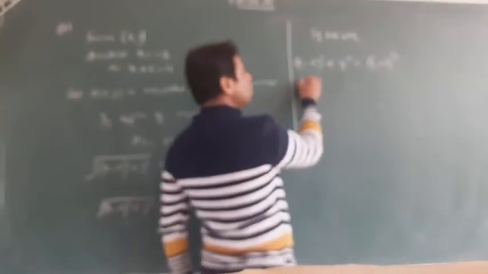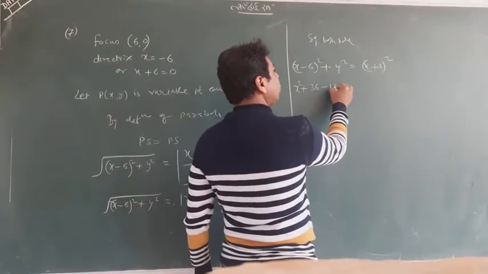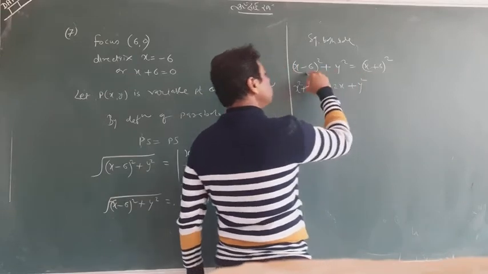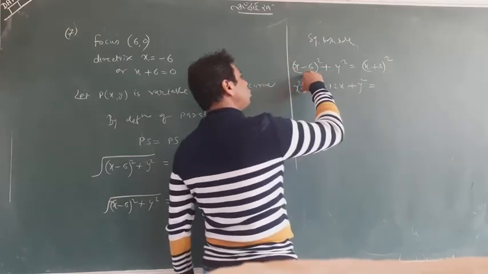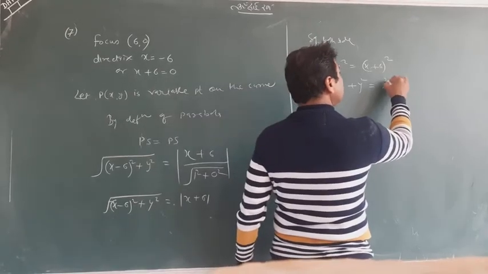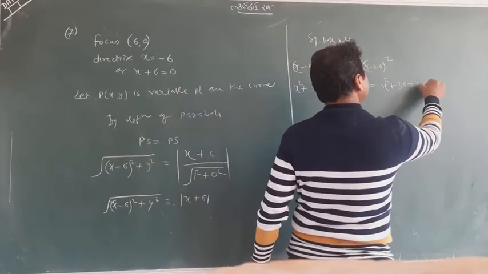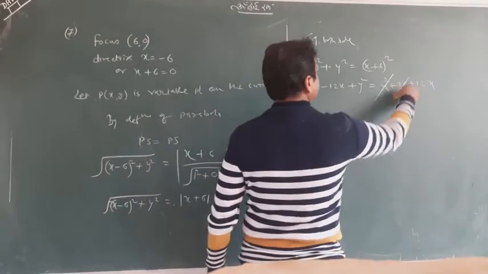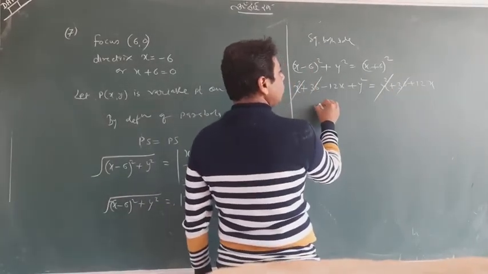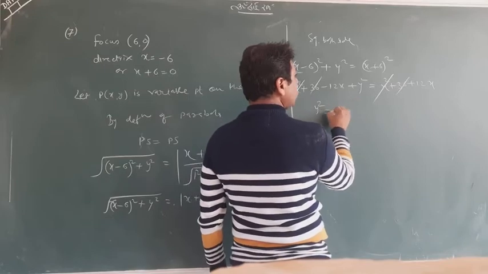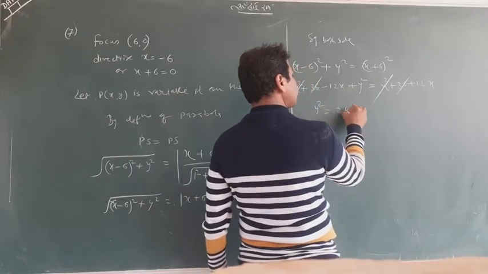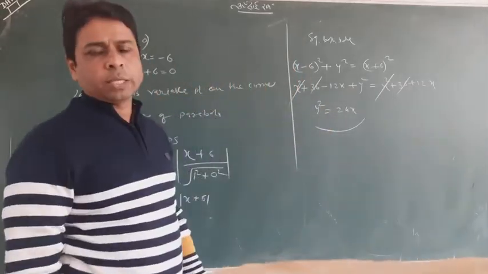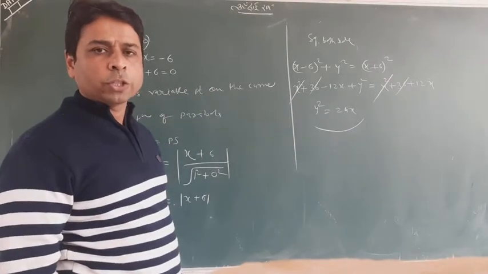Then after squaring both sides and opening the squares, we can cancel these two, and these two also cancel. So we have y square equal to 12x plus 12x, that is 24x. So this is the answer. y square equal to 24x is the equation of the parabola.